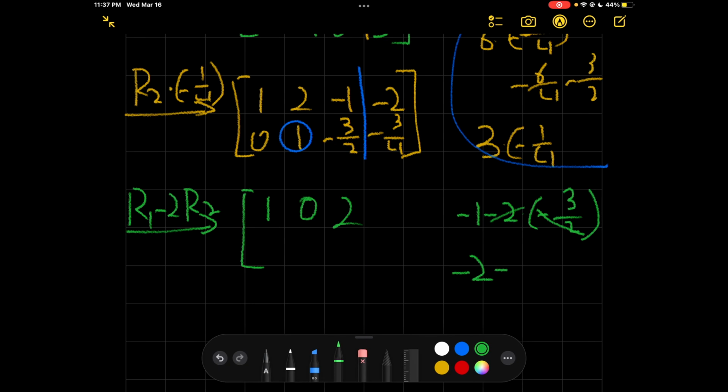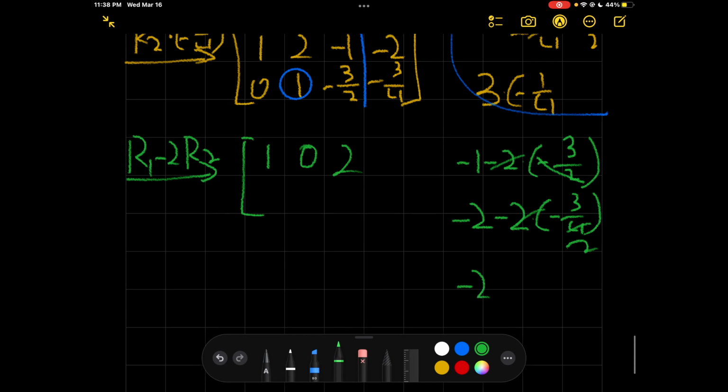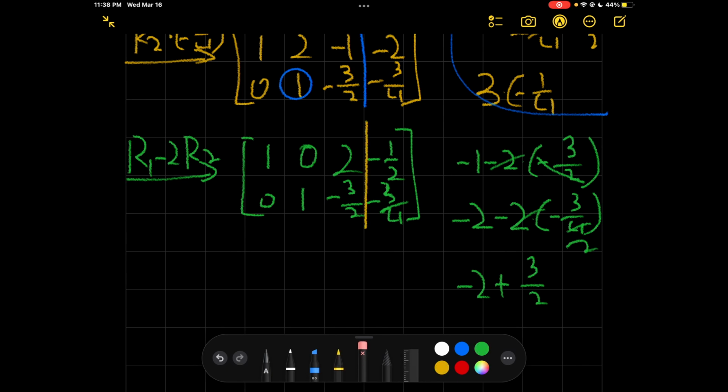And row 1, -2 minus 2 times -3 over 4, so -2 plus 3 over 2, which is -1/2. And row 2 we just copy: 0, 1. We are in reduced echelon form.